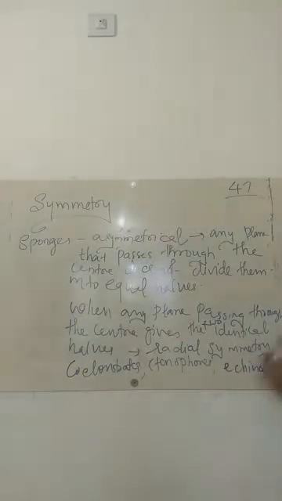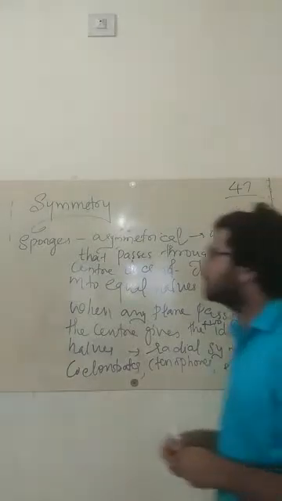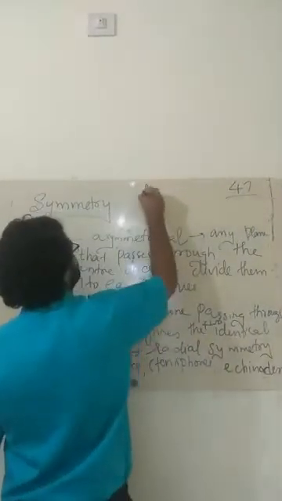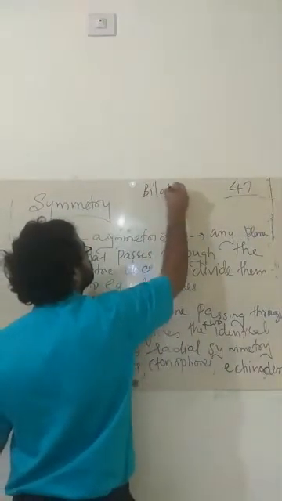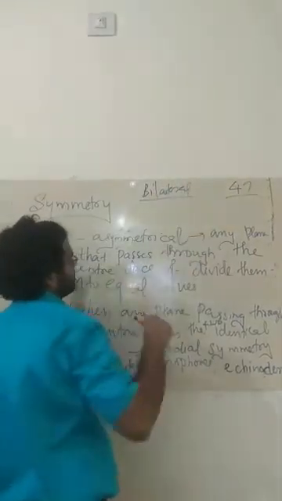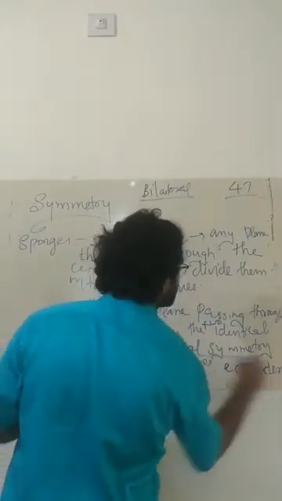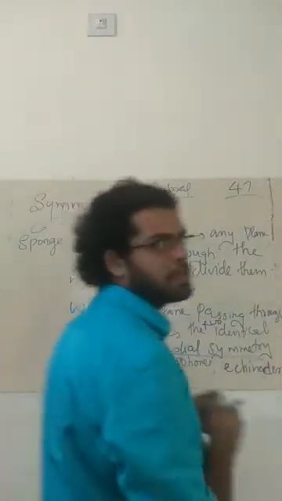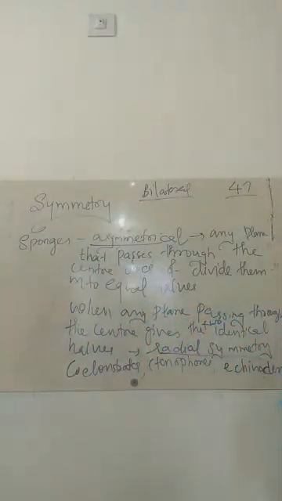Next is bilateral symmetry. We have studied asymmetrical and radial symmetry, and next is bilateral symmetry. What does bilateral symmetry mean? The body can be divided into identical left and right halves in only one plane.